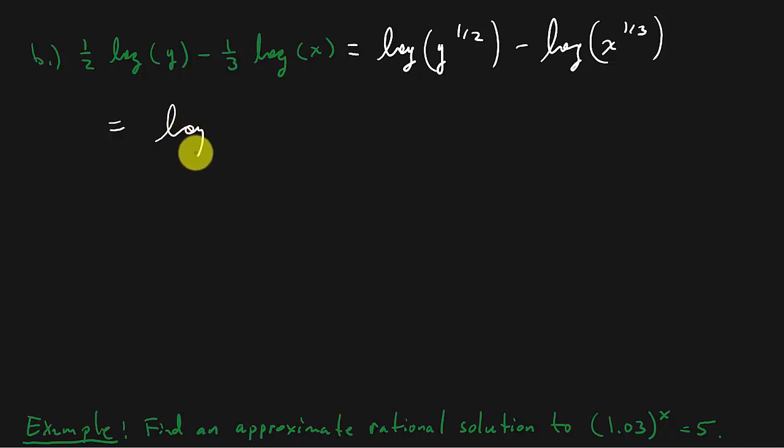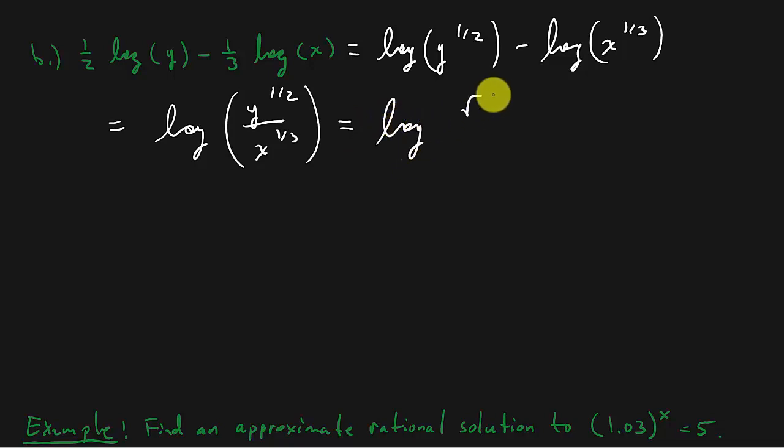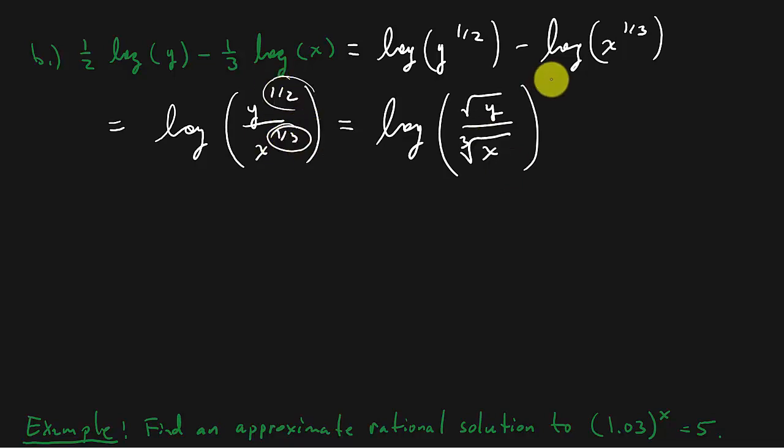And so that's going to be log y to the 1/2 over x to the 1/3. All right. And then the way that you're going to see the answers mostly in the books and the textbooks is like this: the log of square root of y over the cube root of x. They'll go ahead and take these exponents right here and convert them back to radical form, and there's your answer. All right, so that's bringing it together.